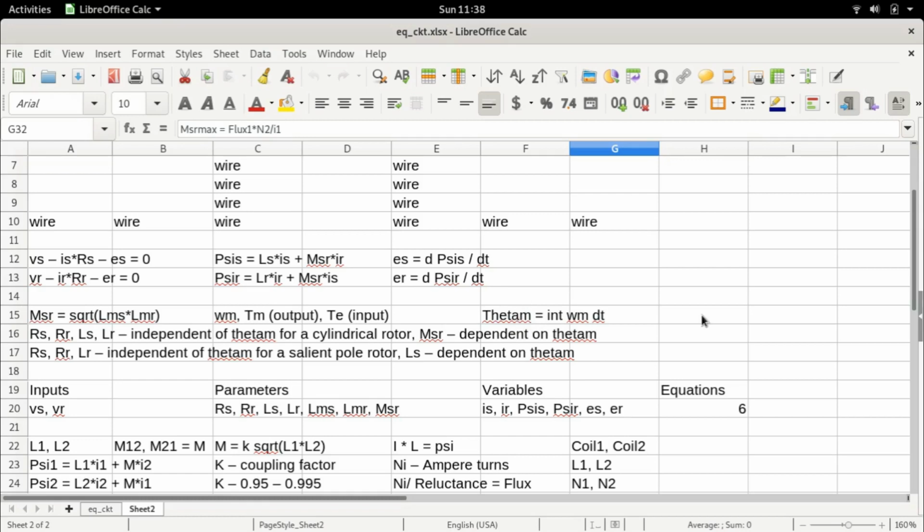Since this lecture has already gotten pretty long, I will just briefly touch upon this. What we need is an equation to generate this theta m. So this theta m has to be a function of something, right? So what is theta m? Theta m is the angular position, the rotor position angle.